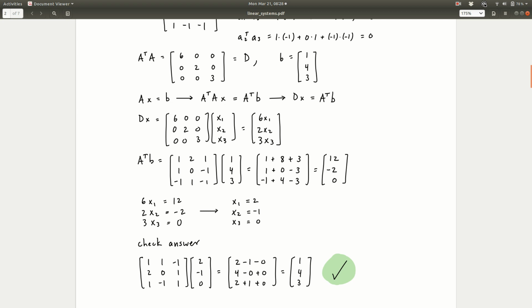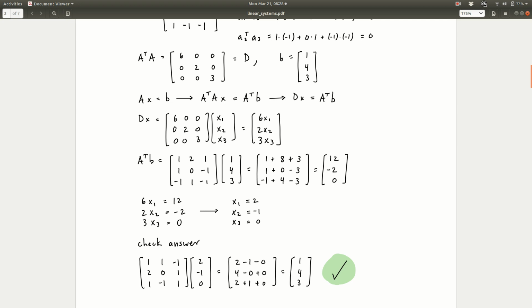Now this is something we know how to solve. We just divide by these coefficients. So we get x1 equals 12 over 6, which is 2. x2 is minus 2 divided by 2, which is minus 1. And x3 has to be 0, since 3 times 0 is 0. So our solution is 2, minus 1, 0.